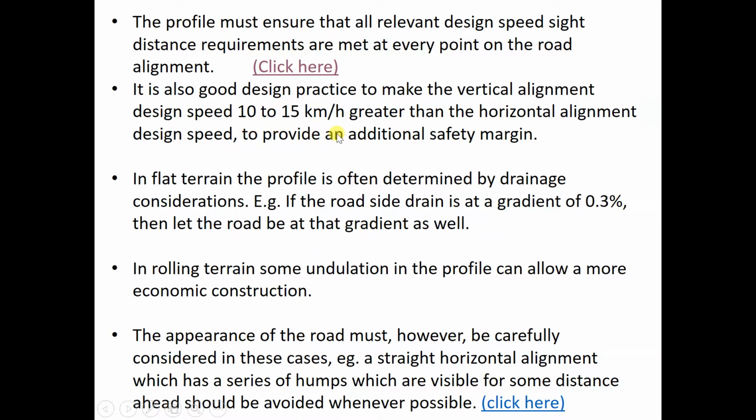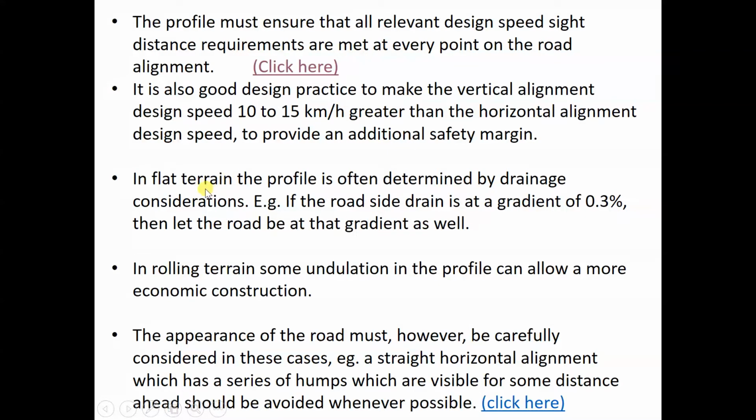It's good design practice to make the vertical alignment design speed 10 to 15 km/h greater than the horizontal alignment design speed to provide an additional safety margin. According to the literature, it's good to have a higher design speed for the vertical alignment.